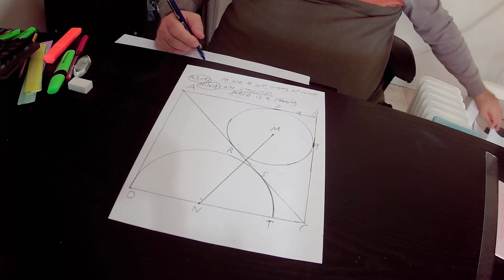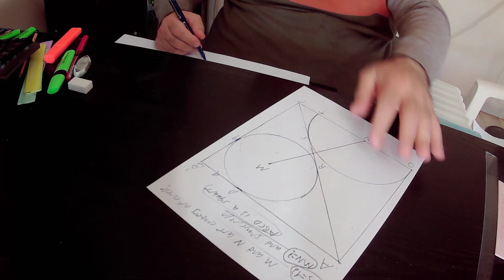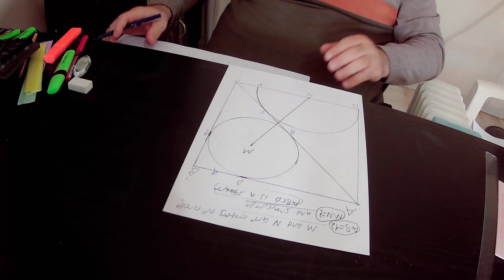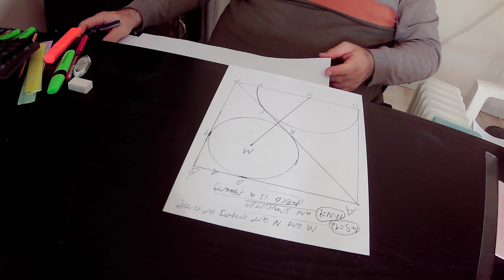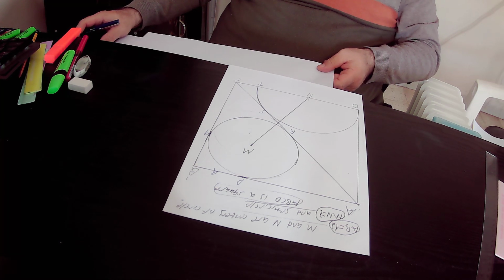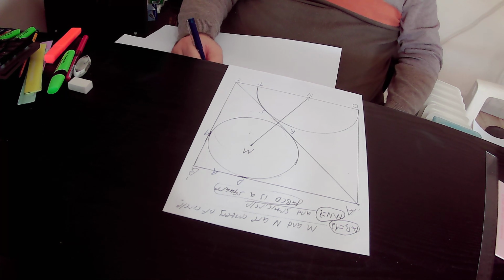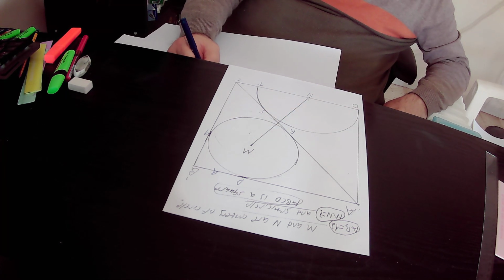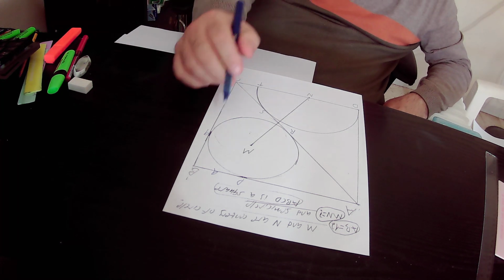Because in our drawing, here we have point B. Point B is defined as an external point in relation to this circle, and from the external point B, we have two tangents to this circle.